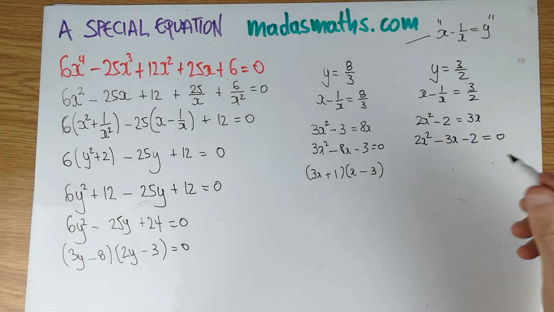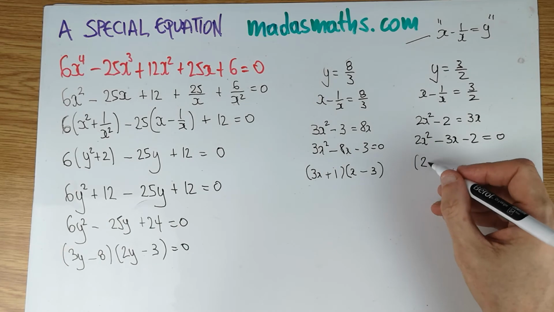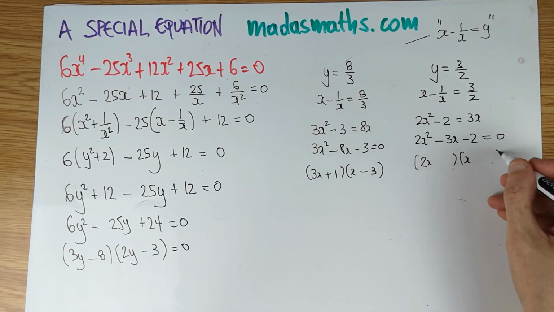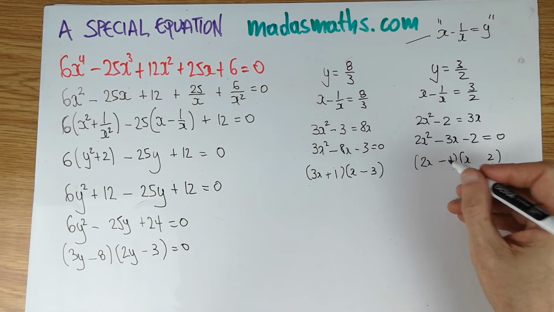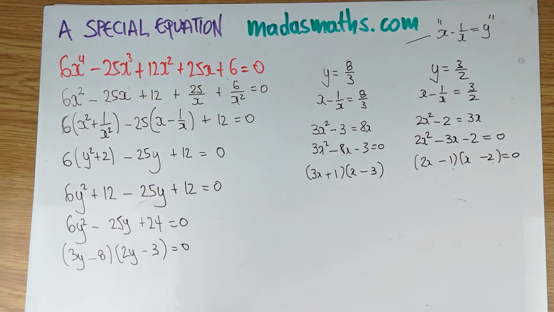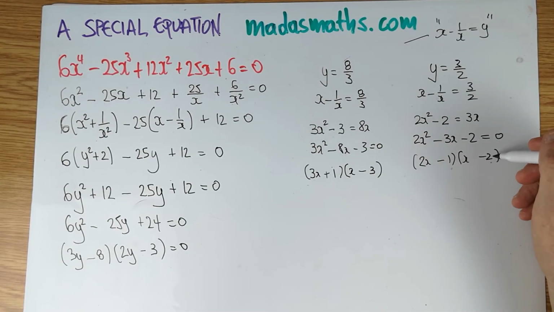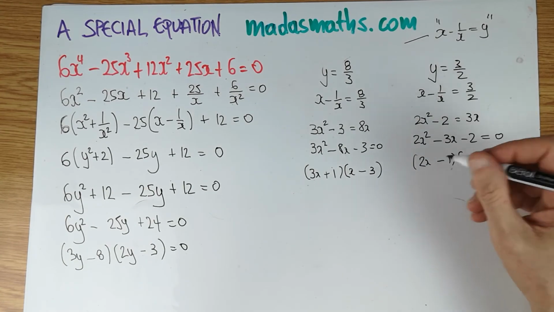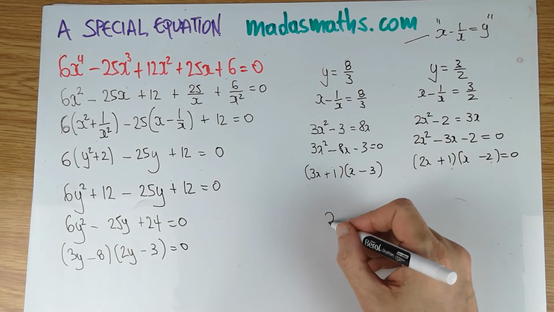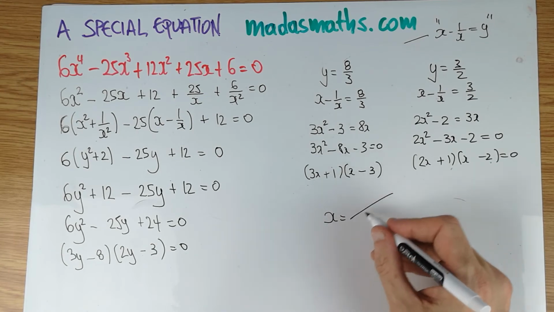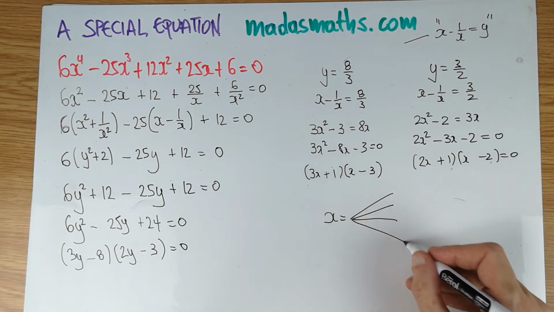And does it factorize? I hope it does. Yes, it does. So 2x, x, 2, and 1, 1 plus and 1 minus again. So this particular one, we need more minus, so that's the minus bit, so that's a plus in there. And we have 4 solutions, which I'm going to list.